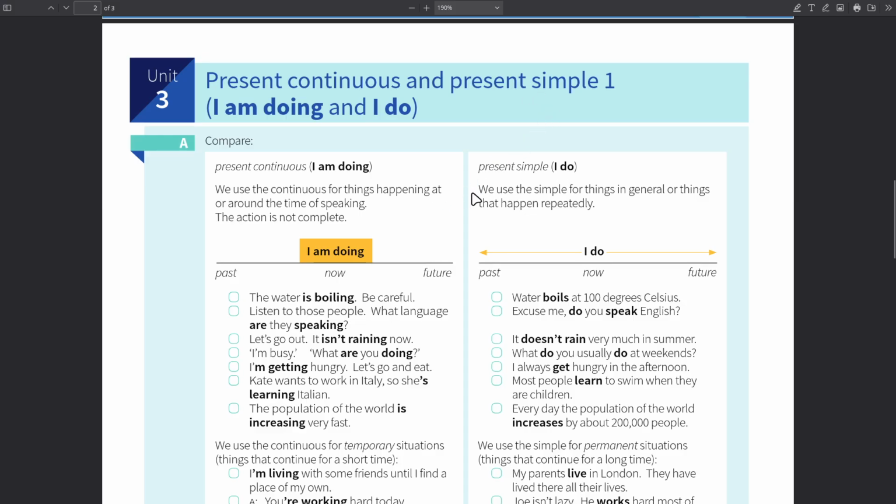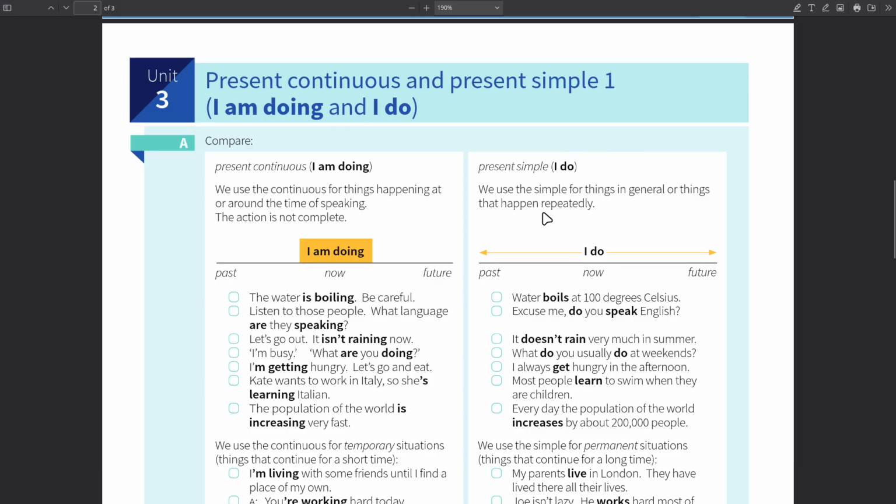But instead of present continuous, present simple, like I do, right, we use the simple for things in general, things that happen repeatedly, right? An example would be facts, or maybe something that is true in general. You can see my previous videos where I talk about only present simple, right?